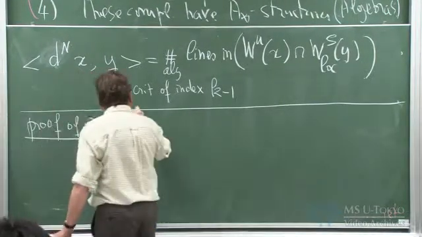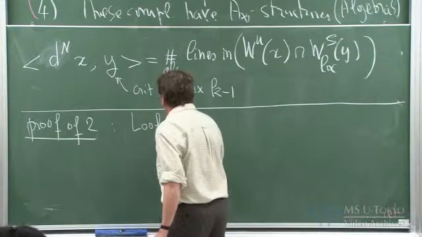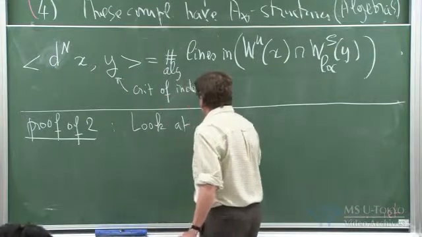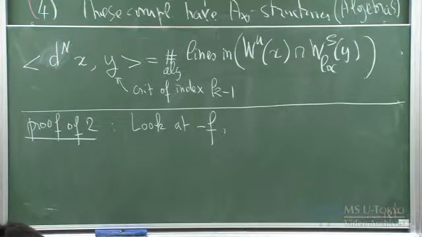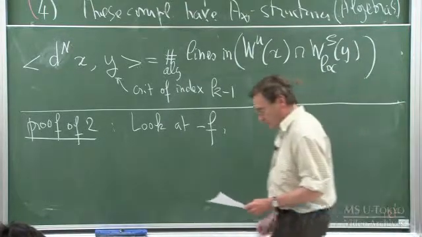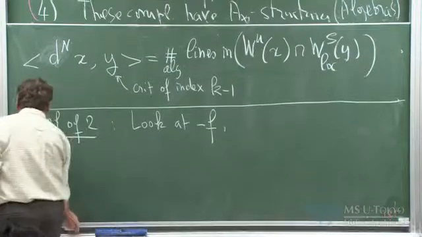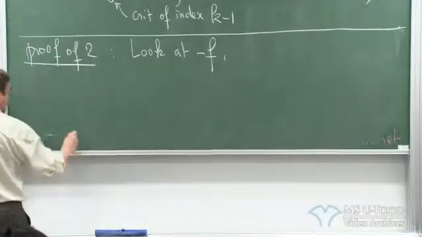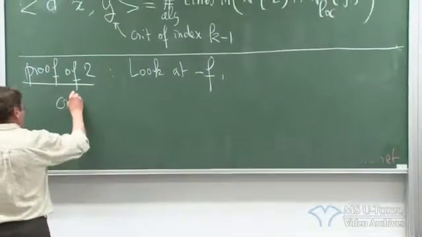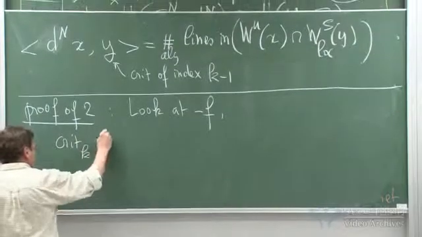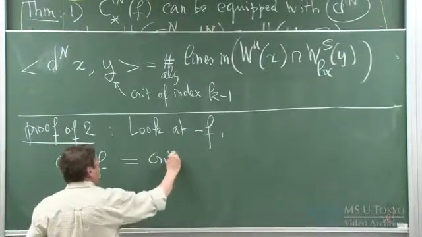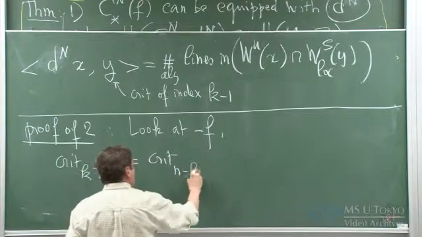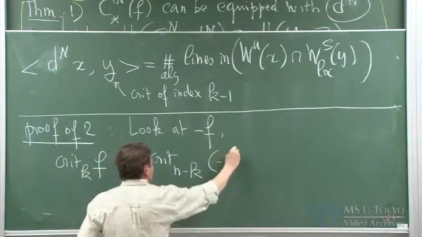Of course, you look at the function minus f. And what about the function minus f? You have the following. The critical points in the interior of f are exactly the critical points of index n minus k of minus f.